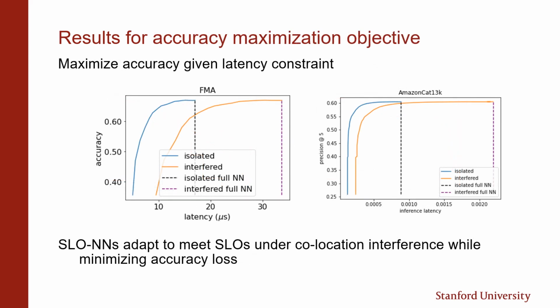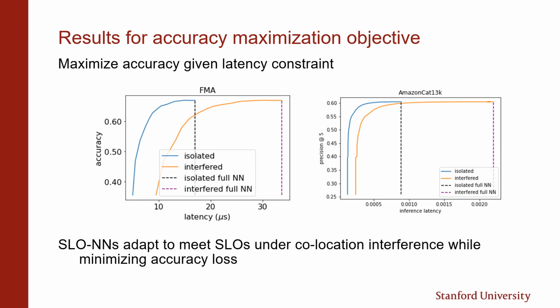Now let's discuss the results for which the optimization objective was to maximize accuracy given a latency constraint. Here I'm showing the accuracy versus latency plots of two datasets. The black dashed lines exemplify the performance of the full neural network in isolation, while the purple dashed lines exemplify the performance of the neural network when it's co-located.